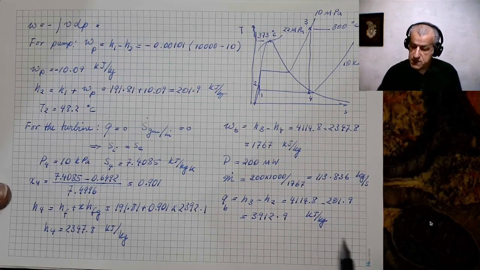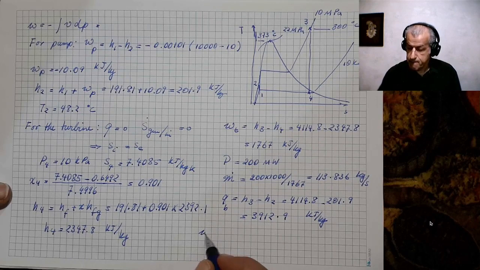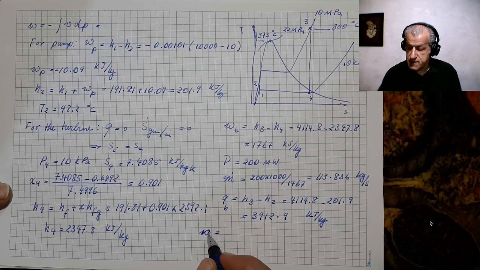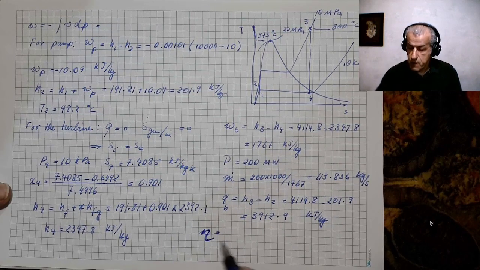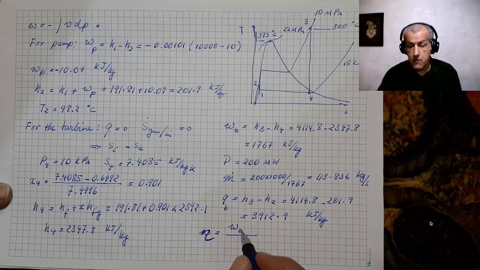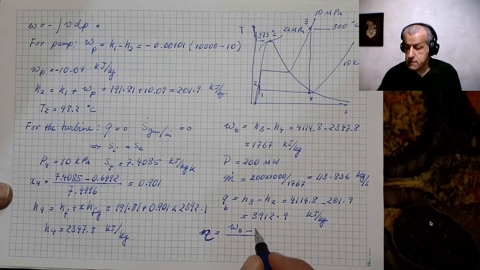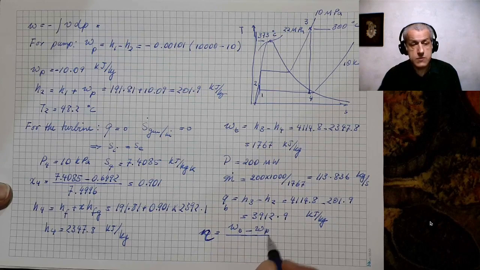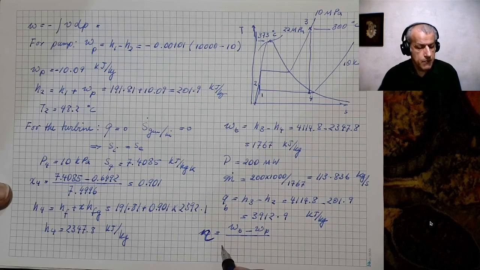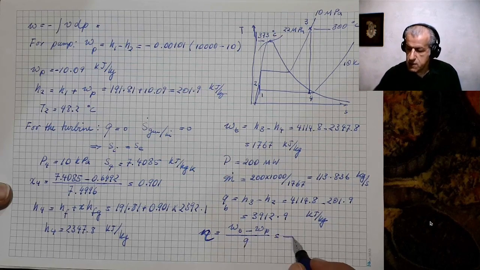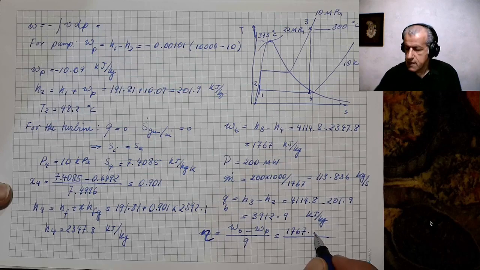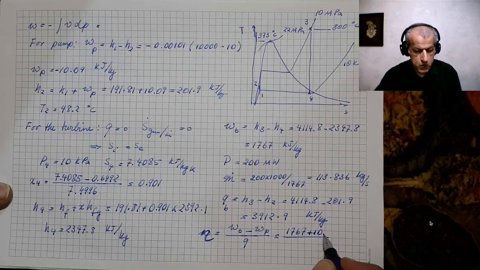And the efficiency of this cycle would be what we have gained, which is the work from the turbine minus the work used by the pump, which is of course small, but let's calculate it, divided by Q, and this would be 1767 minus 10.09.